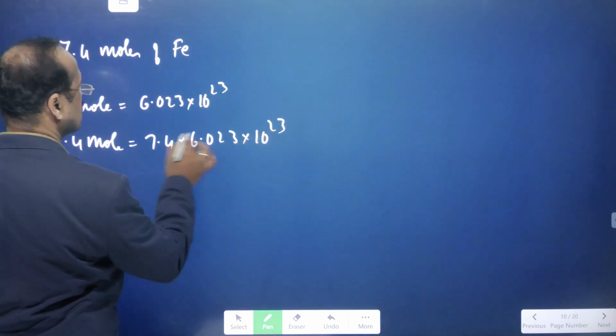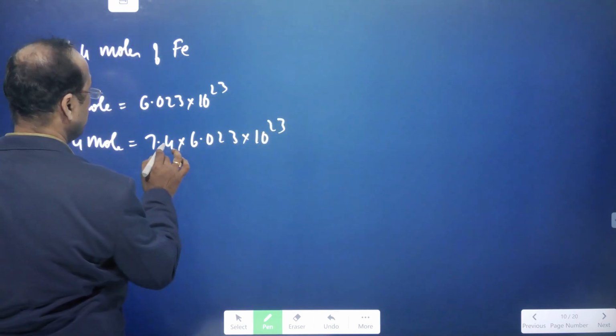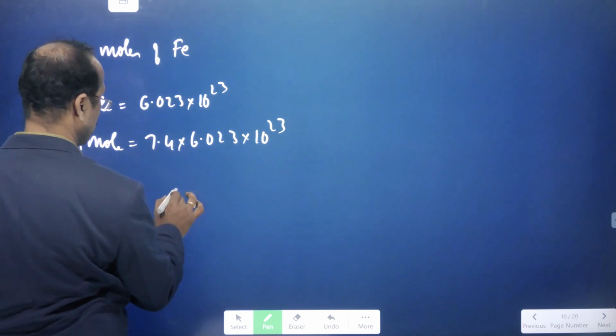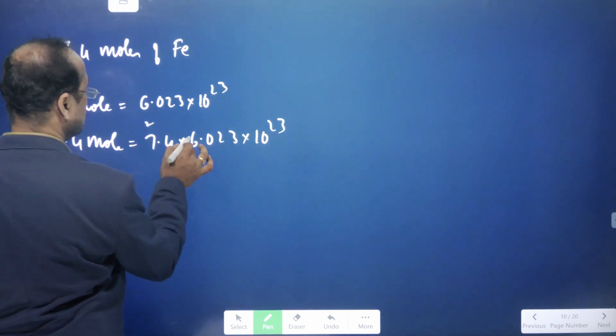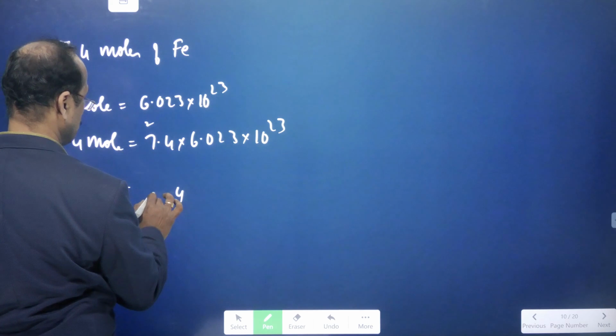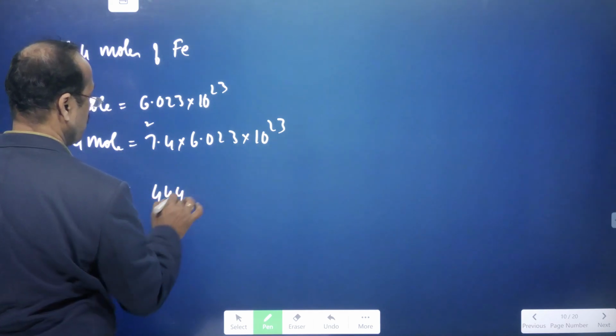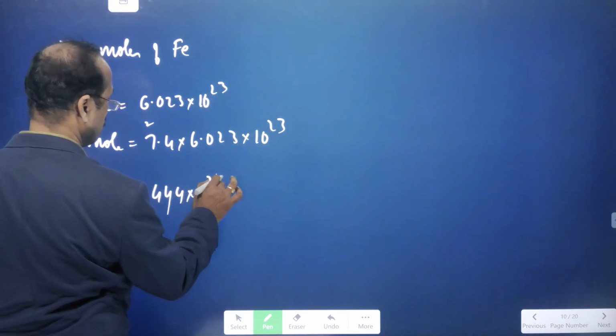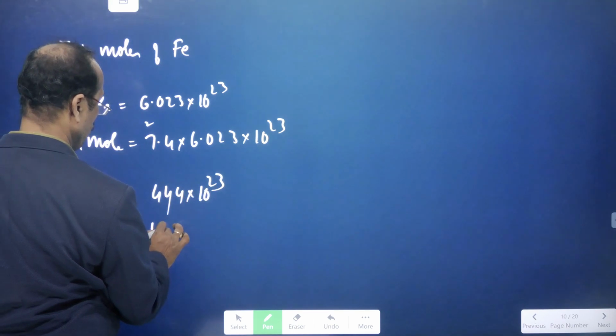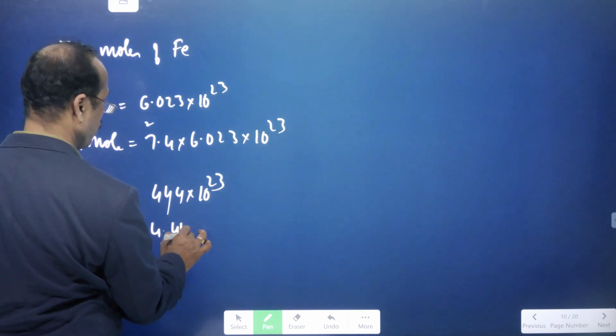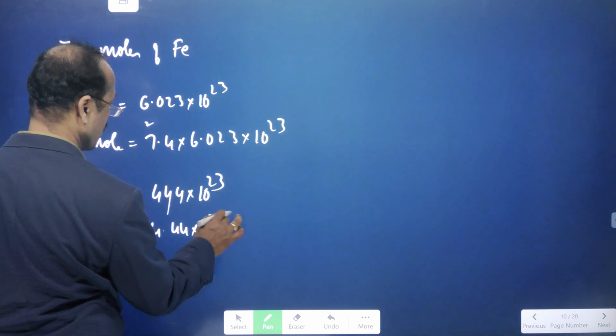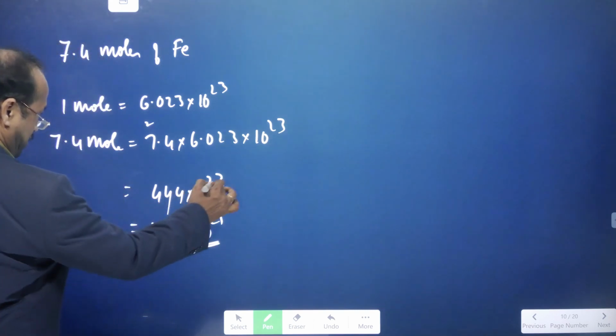Now multiply here with 7.4, approximate writing. So 6 4s are 24, 2 6 7s are 42 plus 2, 44 into 10 to the power of 23. We can write like this, or 4.44 into 10 to the power of 25 also we can write. So anything you can write.